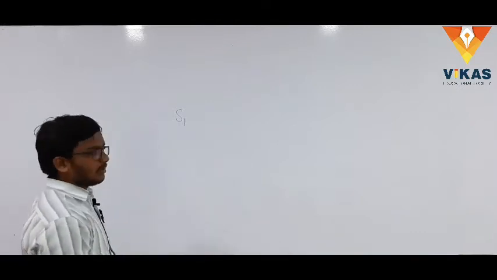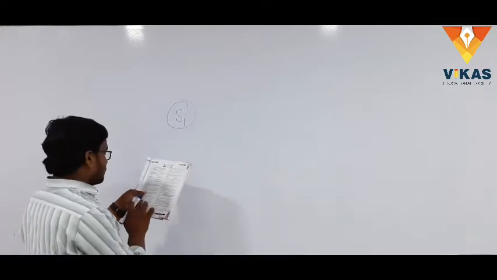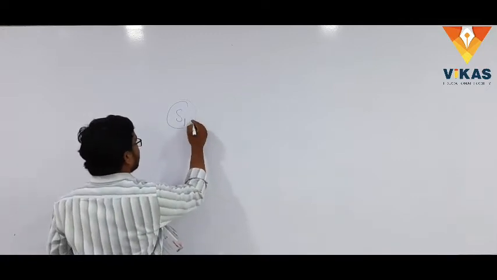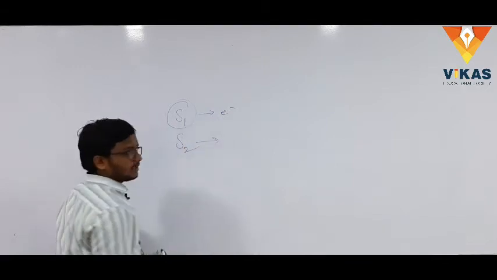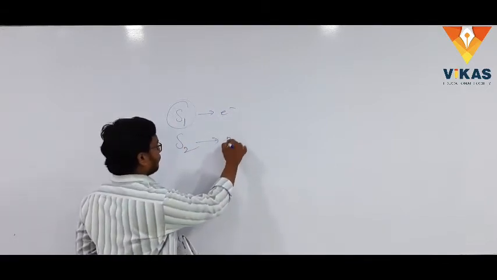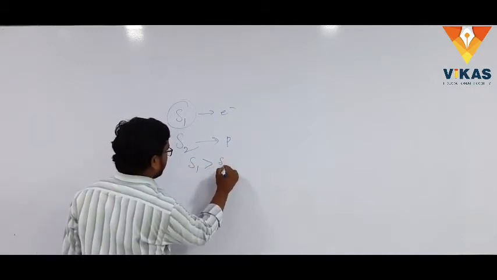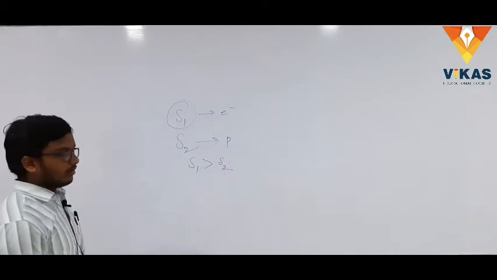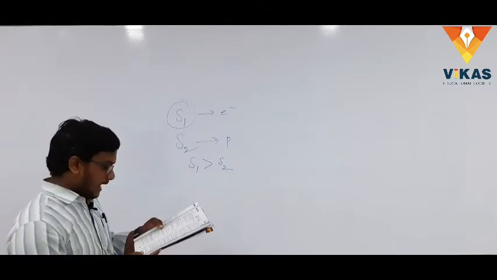Which one is true? This is the specific charge of cathode rays, which means this is about the electron, and this is about the charge to mass ratio of a proton. So which is higher? We have seen, right? So S1 is greater than S2. Why? Because the mass of protons is higher.